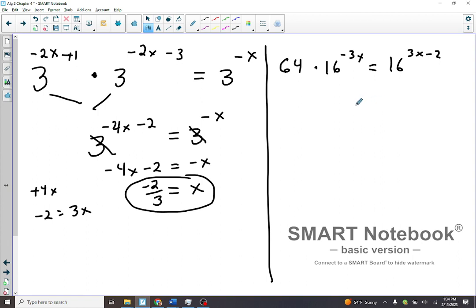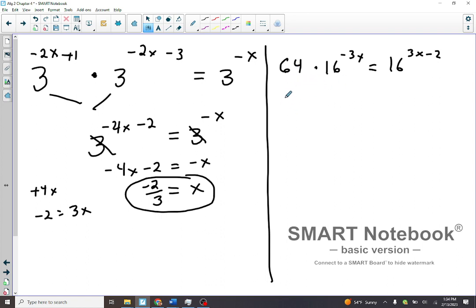In order to make this work, I need to change them to the same base. First, I check 64. But 64 cannot turn into a power of 16, which means I need to make them a similar base to everything. You technically have 2 choices. You could change them all to a power of 4 or a power of 2. Whatever you're more comfortable with, it doesn't matter. I'm going to change it all to power of 4.